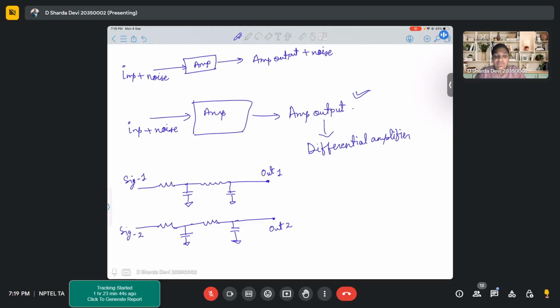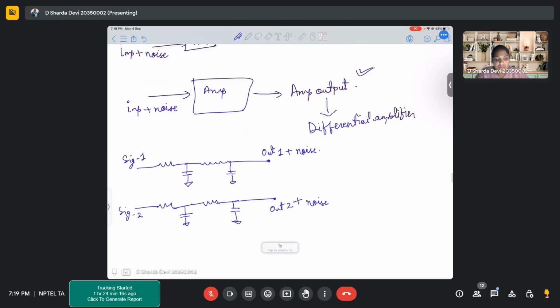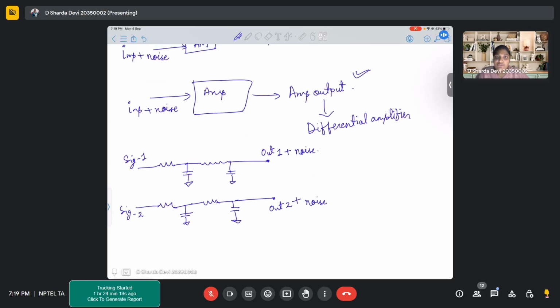If you have two systems in very similar environments, placed close to one another, whatever disturbance appears will appear in the same amounts in both the signals. So the noise added to this particular signal will be the same noise that is added to the other signal. The noise added to the first signal, that same amount of noise gets added to the second signal.